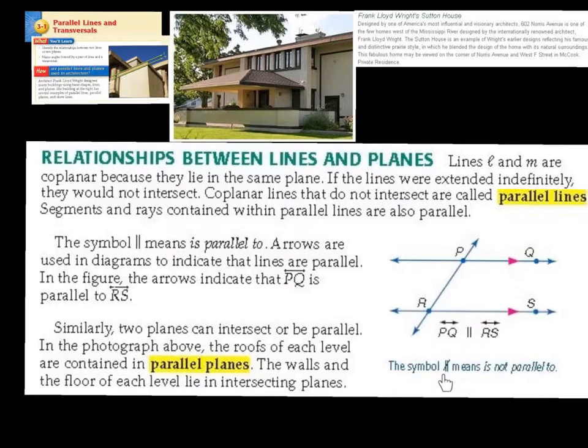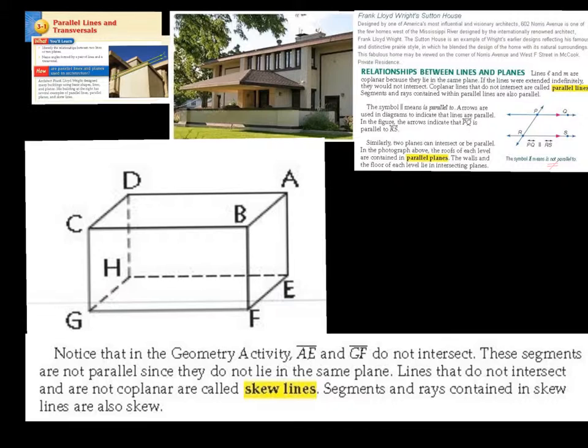So the symbol parallel with a slash through it means is not parallel to, just like we're used to seeing equals with a slash through it means is not equal to. Segments AE and GF do not intersect.